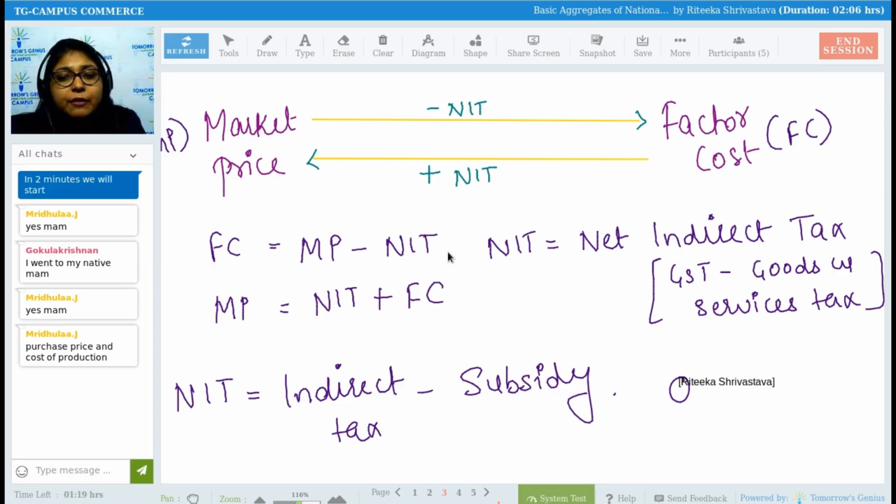When they do not give you subsidy, you have to consider it as zero. Same way, they might give you subsidy and not indirect tax, so in that case indirect tax will be considered as zero. Fine. So this was our last line, MP FC. Quickly note it down and see if you have understood it or not.